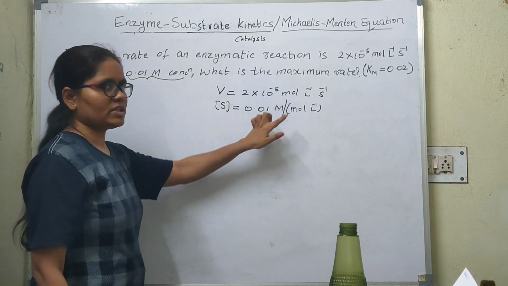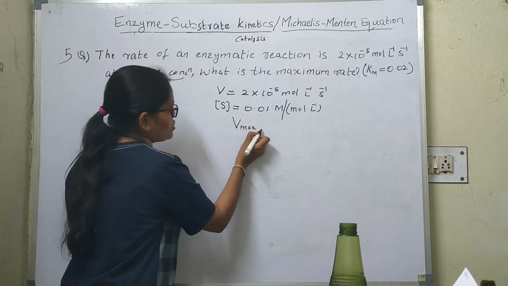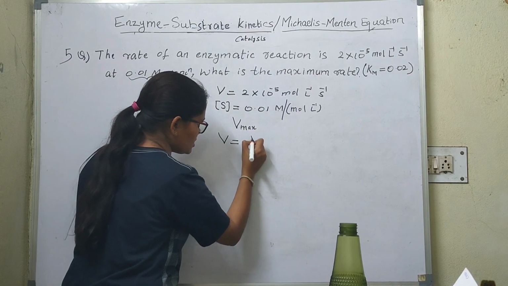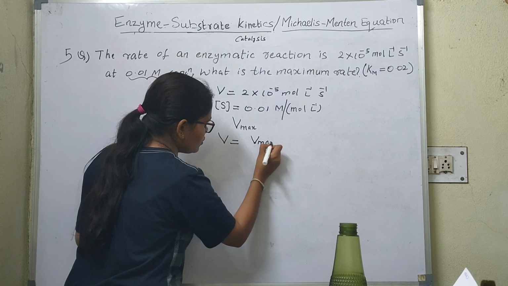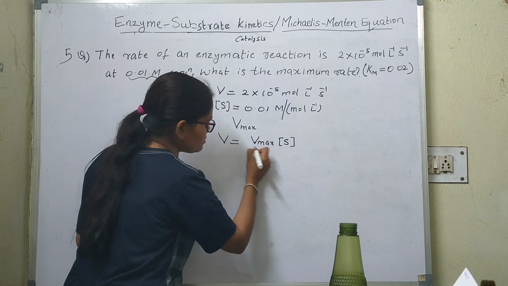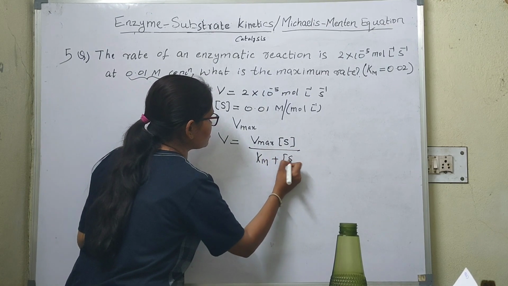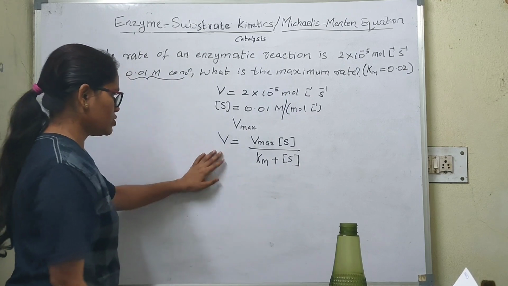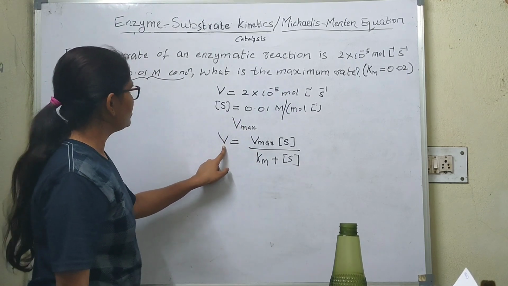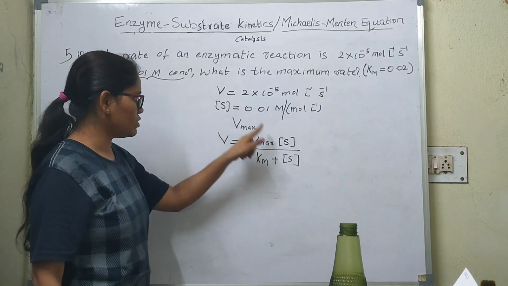What is the maximum rate? Now you are asked to find Vmax. We know the rate equation for enzymatic reactions is V is equal to Vmax into concentration of substrate by Km plus substrate concentration. From this you have the value of V, you also have the value of Km, and you have the substrate concentration.